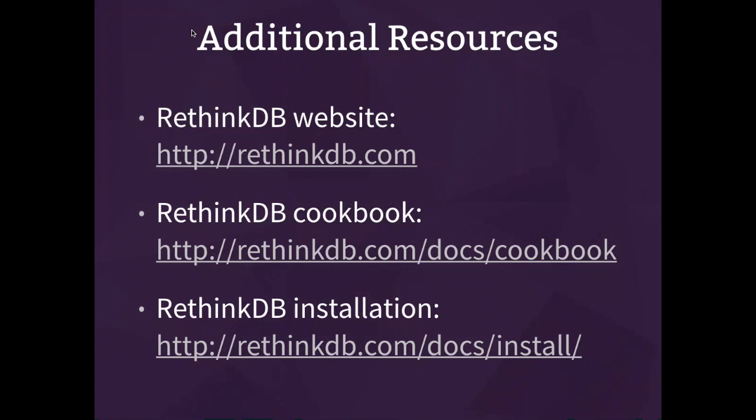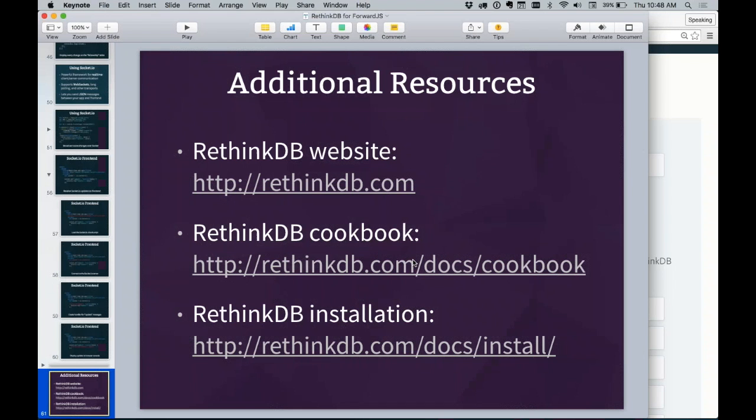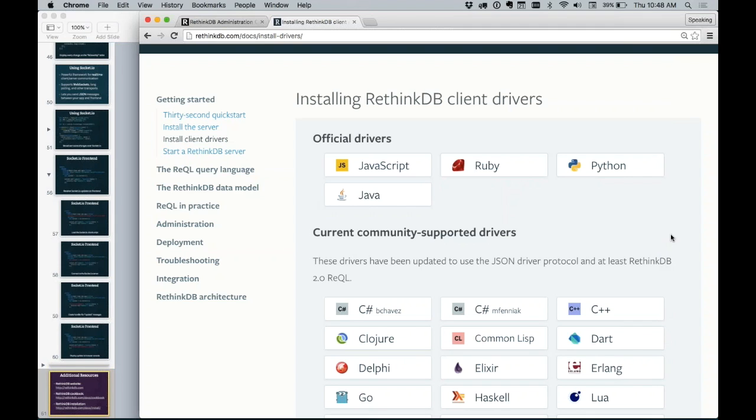Okay, so here are some additional resources that you can visit in order to get more details. I've already shown you the RethinkDB website a few times. We have some great docs on there, and this one in particular I want to highlight, the cookbook.